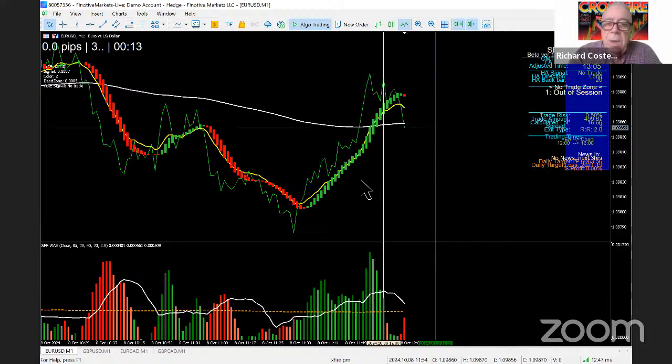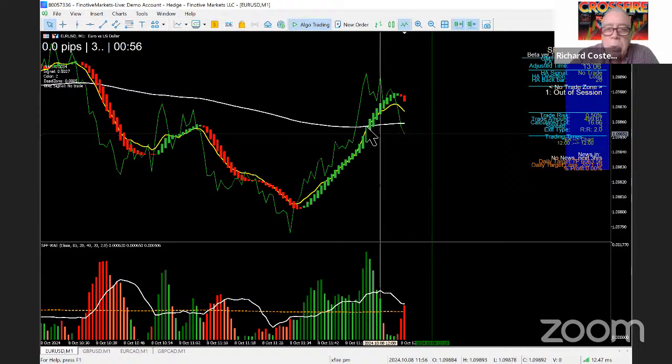The third confirmation is the crossover of the two moving averages. I've got a 200 moving average there, which is the white line, and a 13 moving average, which is the yellow line. The point at which they cross is what the trading assistant looks for. So it looks for the first two components that I've just described, and then it looks for a recent MA crossover.